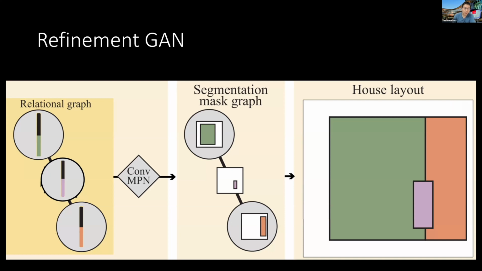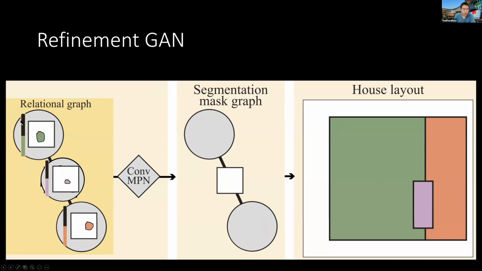So the key idea was we want to design some refinement architecture. This is our original architecture. Given a graph of noise vectors, the generator makes the floor plan. We do some post-processing to get the floor plan. And in addition to the vector, you also allow the system to take some previous or current guess of room segmentation masks.